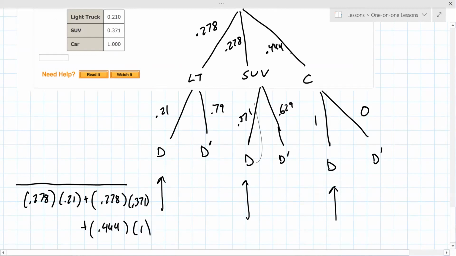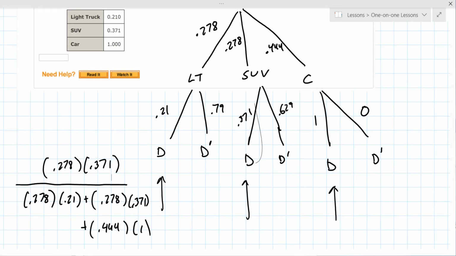That's this last branch down here. And the one we care about is this middle one, the 0.278 times 0.371. The tree really helps. I can't emphasize that enough.